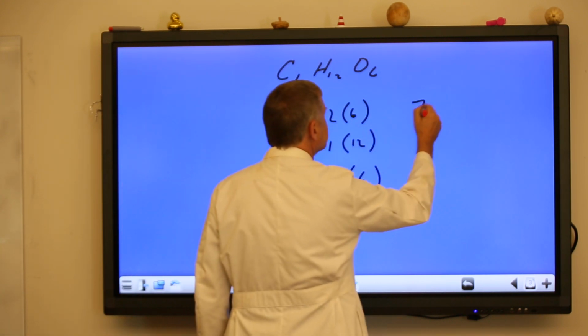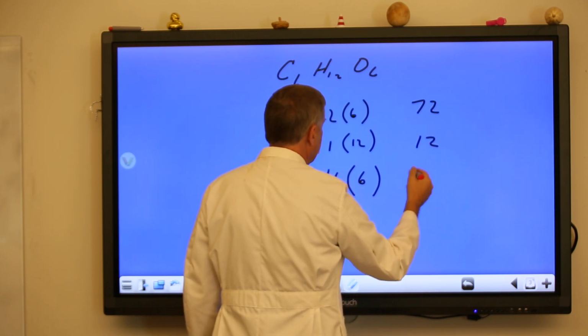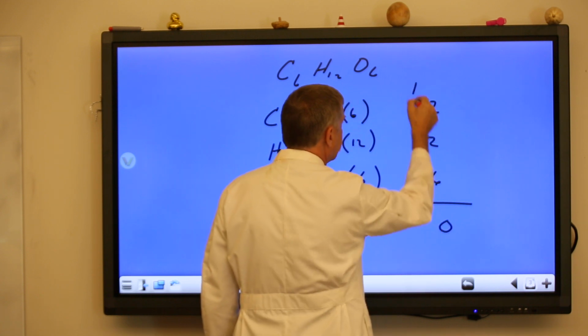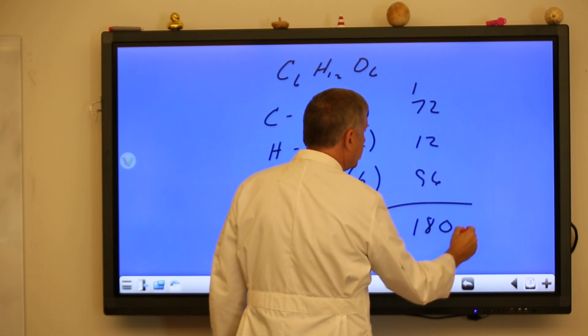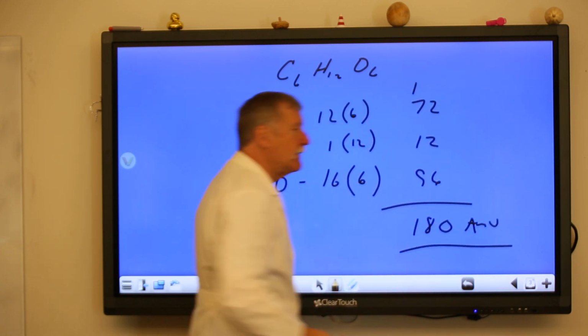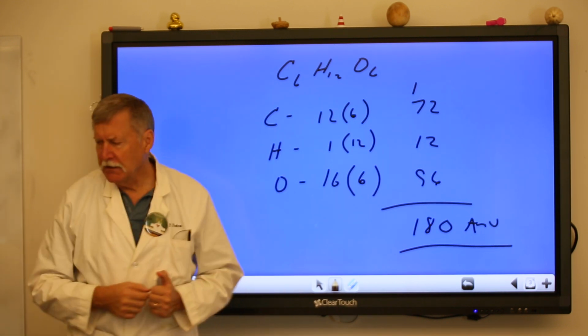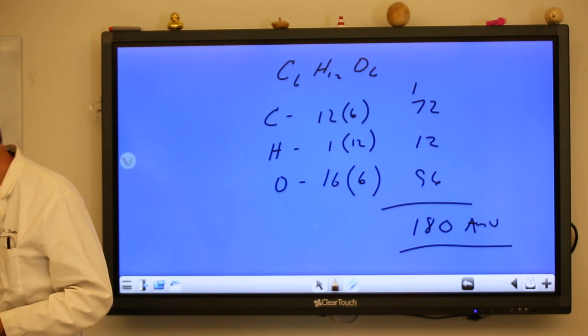So here we get 72, 12, and 96. We add it all up, and we get 180 atomic mass units for one molecule of sugar. And that's pretty much where your book stops.